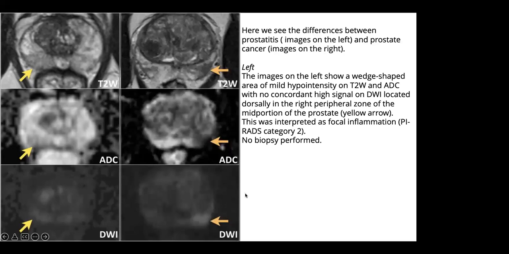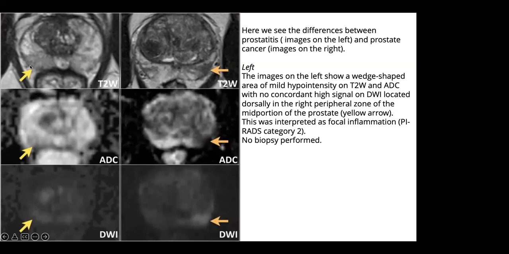So now you see the images shown on the contralateral side, on the left side, you see this orange arrow. You see a hypointense lesion. Compare the hypointensity of the two lesions.